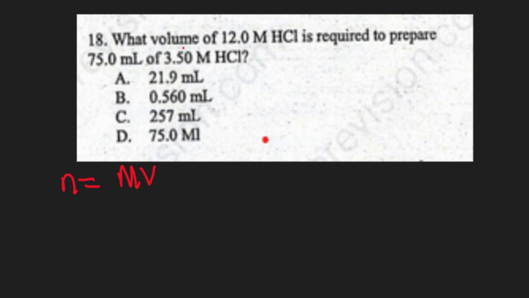Therefore, the concentration before dilution is 12, and the concentration after dilution is 3.5, where we're going to say M1V1 equals M2V2.